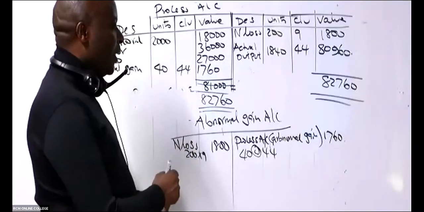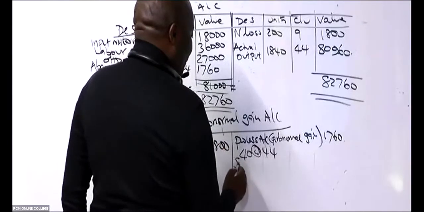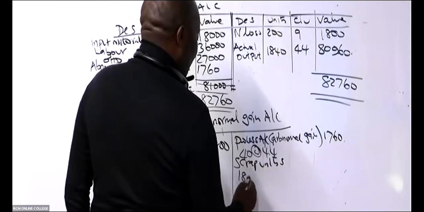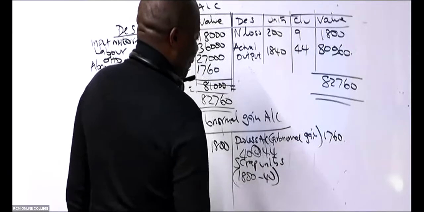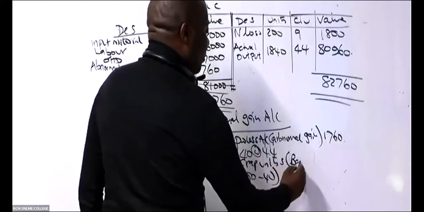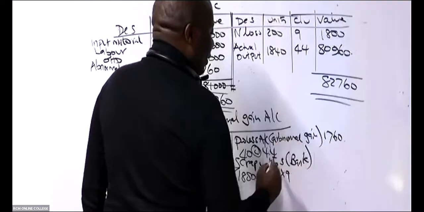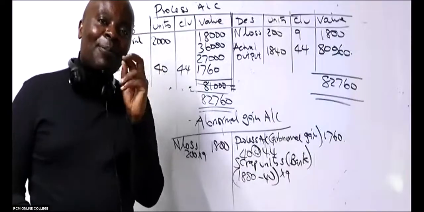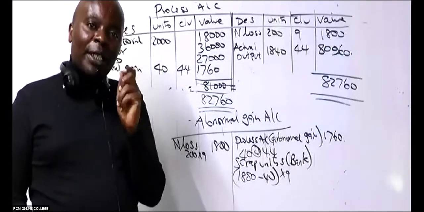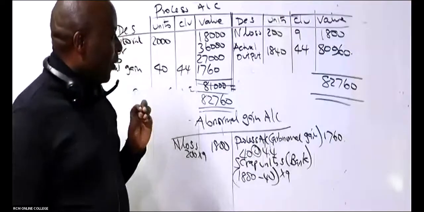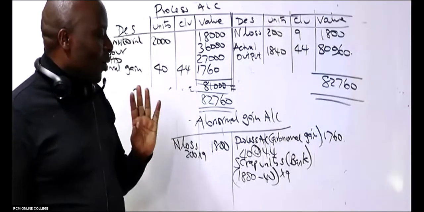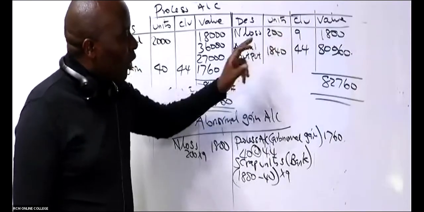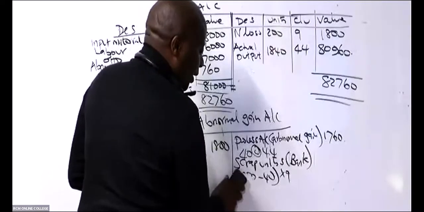So basically, in this case here, the scrap units will be 200 minus that 40. So this one here, we shall sell them at 9 bob and receive the money in our bank account. Because you see, as process costing experts, we expected the loss to be 200 units.